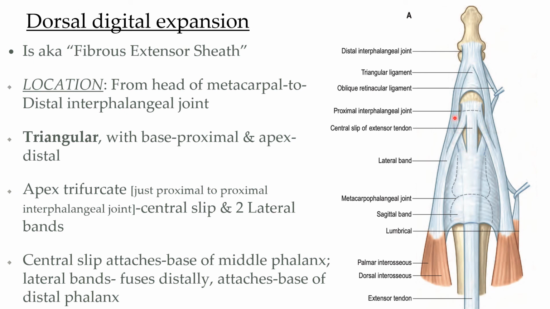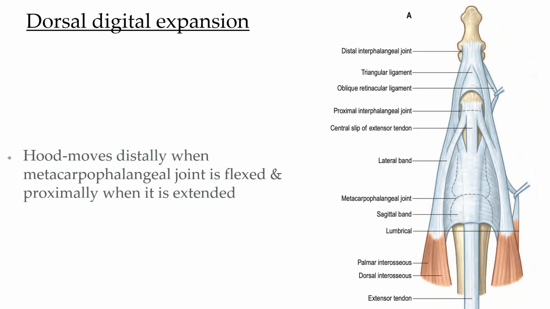These lateral slips then diverge and then they reunite in order to form a single slip which gets attached to the dorsal side of the base of distal phalanx. The tendons of all the extensor muscles merge with the dorsal digital expansion along its central axis.